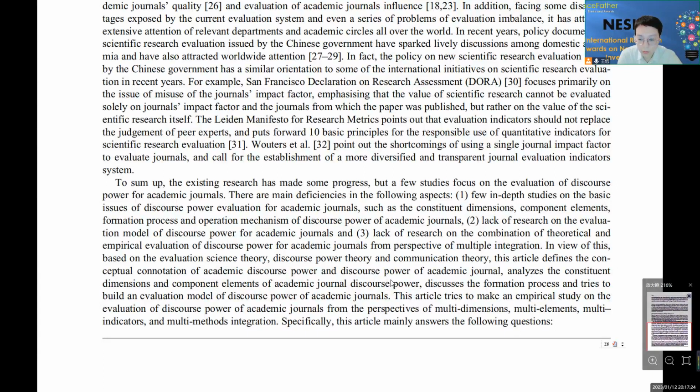This article tries to make an empirical study on the evaluation of discourse power of academic journals from the perspective of multi-dimensions, multi-elements, multi-indicators, and multi-methods integration. Specifically, this article ultimately answers the following questions.